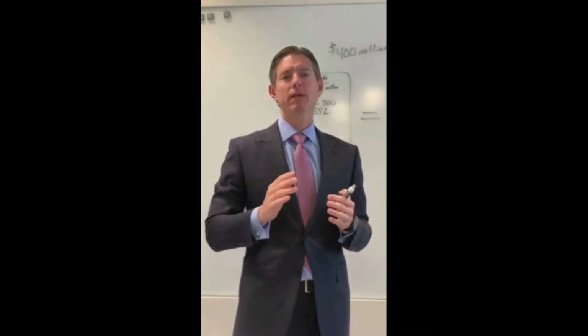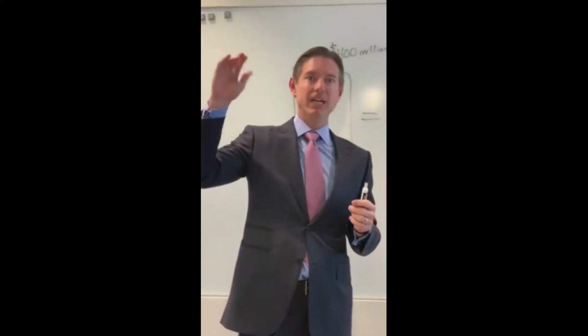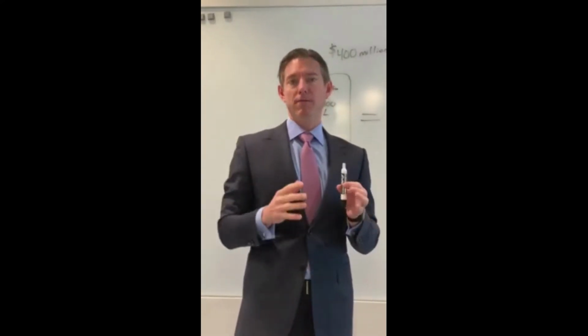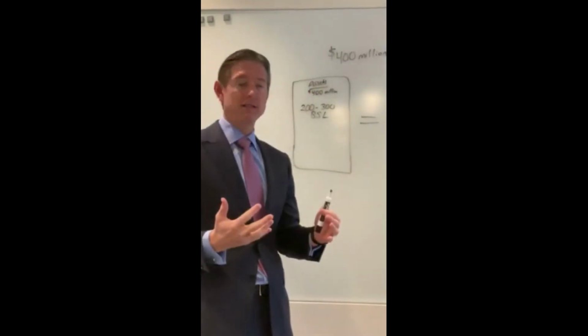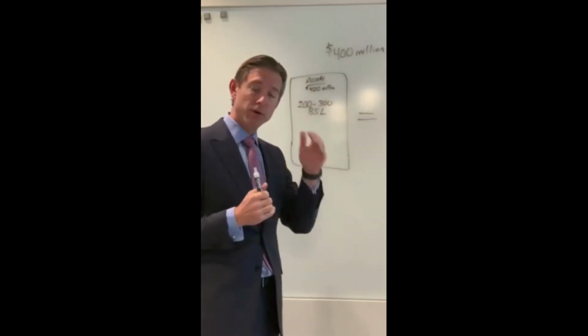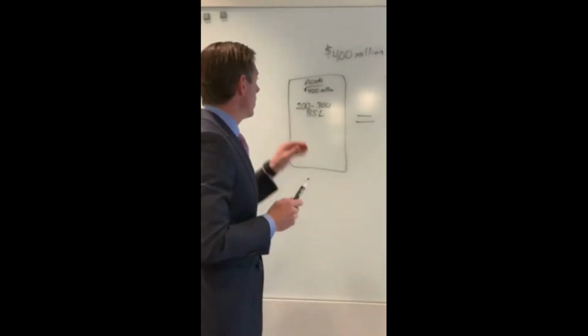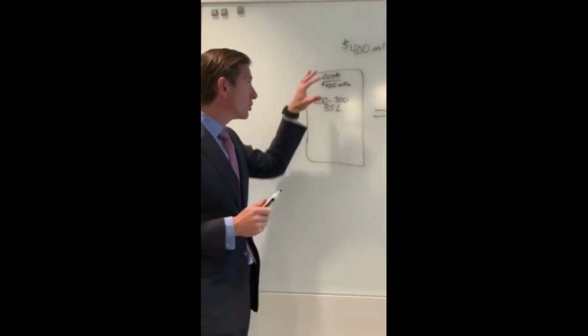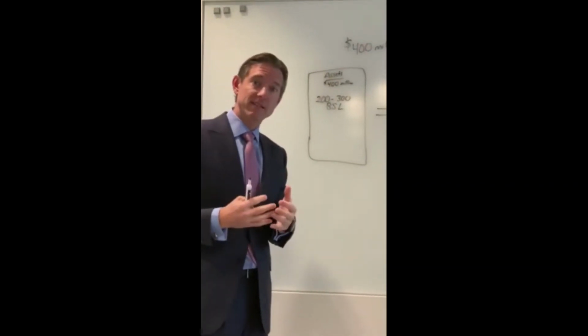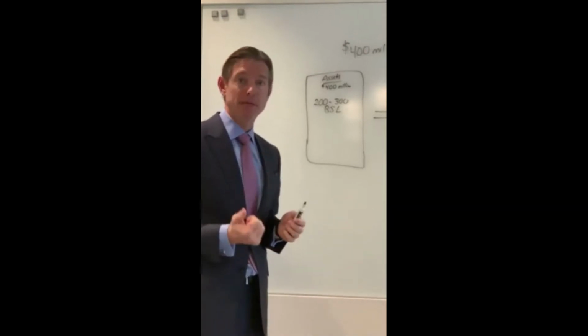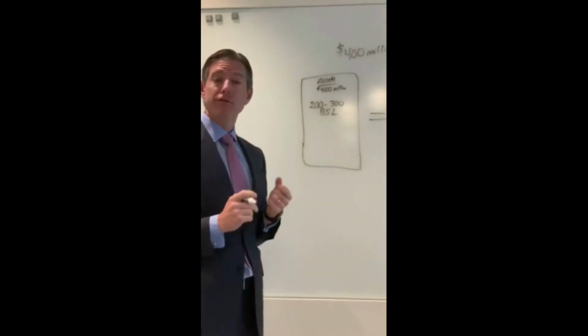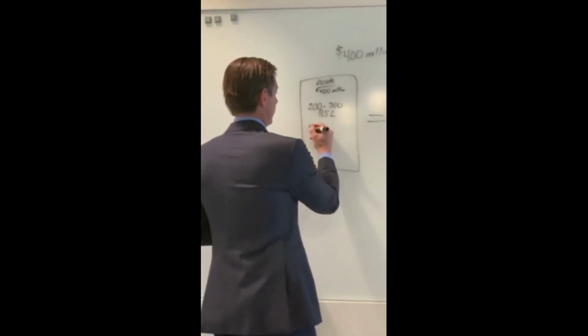Now at Palmer Square, we really like to concentrate on that 800 million or more, but for purposes of this discussion, broadly syndicated CLOs, it's really a 350 million or more threshold. These 200 to 300 different loans that form the assets of the company have to be diverse by industry.